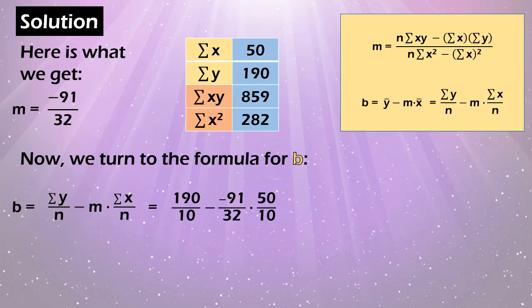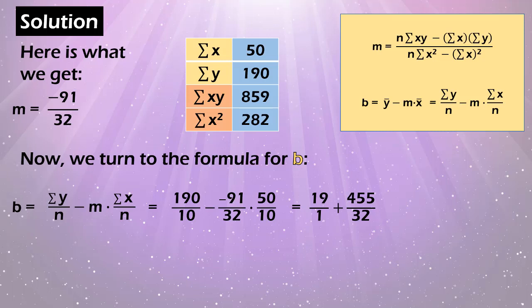Now, the first and last fraction, the 190/10 and the 50/10, both reduce. So 19/1 plus, when we go ahead and multiply, the negative sign on the 91/32 and the minus sign combine to give us a plus sign. And 91 times 5 is 455.